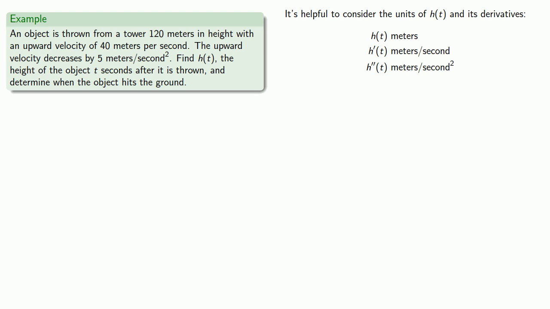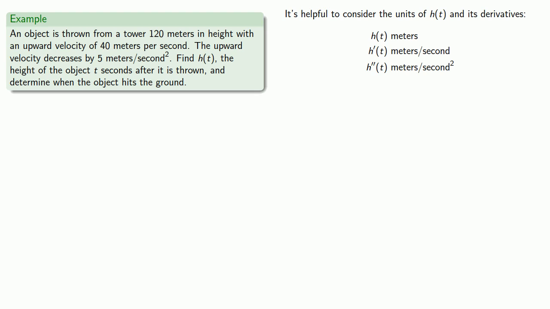So we have to figure out what value t is. And since t indicates the number of seconds after the object is thrown, and the object itself is thrown from a tower 120 meters in height, that must mean that when we throw the object at t equals 0, the height must be 120 meters.